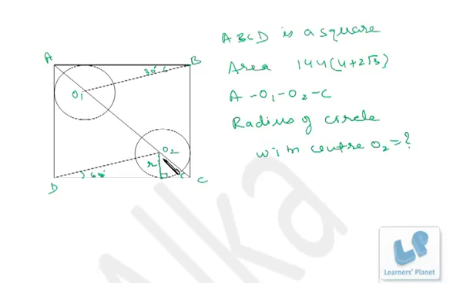So if this is 45 degrees, this will also be 45 degrees, because 90, 45, 45, right? So this length and this length will be the same. If this is R, that has to be R.